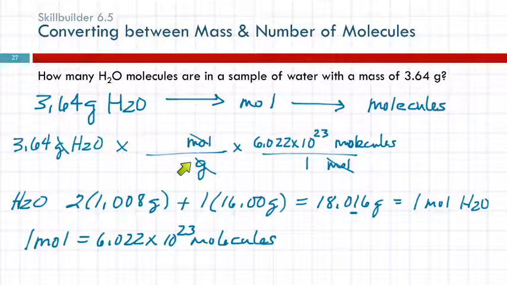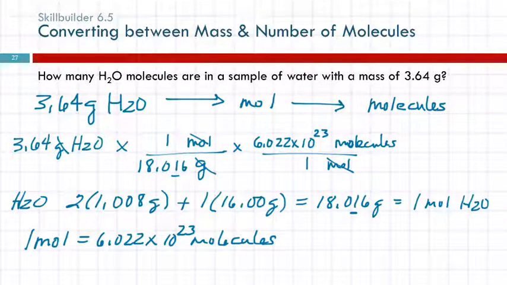Grams to moles, that's our molar mass that we just calculated: 1 mole is 18.016 grams. I'm underlining the 1 because that's how many significant figures the molar mass has based on the numbers I used to calculate it. And I don't want to limit the sig figs in my answer by rounding things off in here.